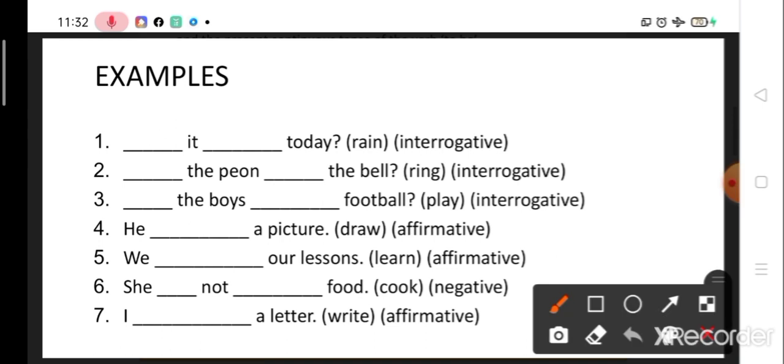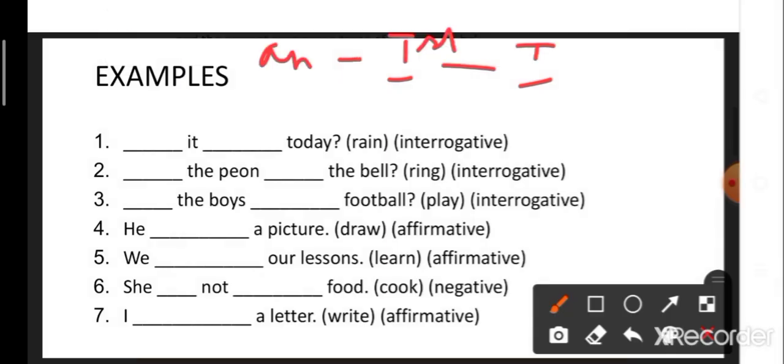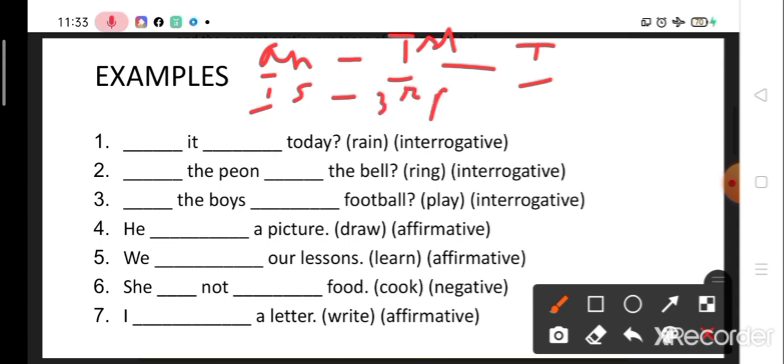So am is used for first person, that is I. Then is is used for third person singular.